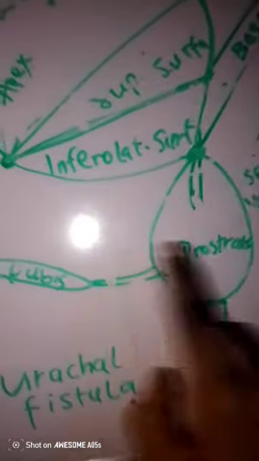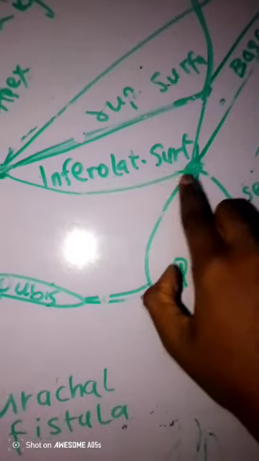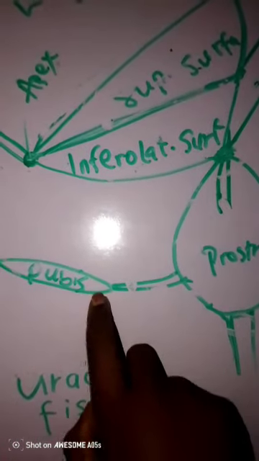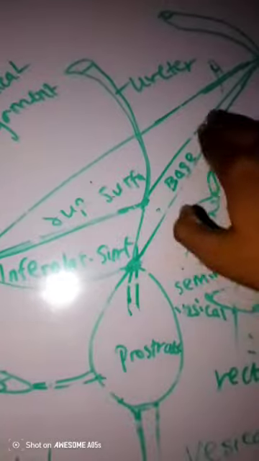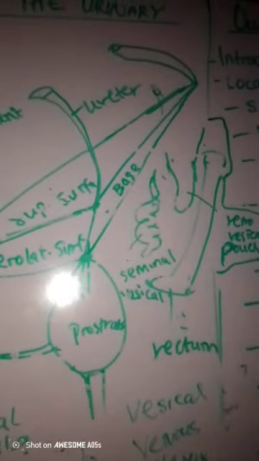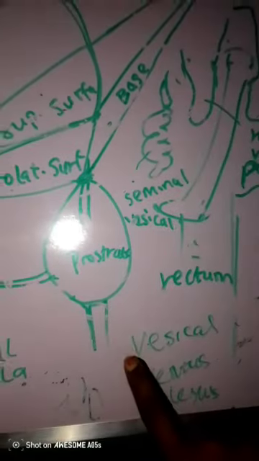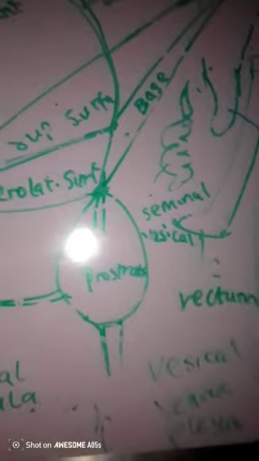And then we have the puboprostatic ligament in males, which connects the pubis and the prostate. We also have the pubovesical ligaments, which connect the neck of the bladder to the pubis bone. It's found in both males and females. We also have the posterior ligament, which is very important because there is a venous plexus inside this posterior ligament known as the vesical venous plexus.